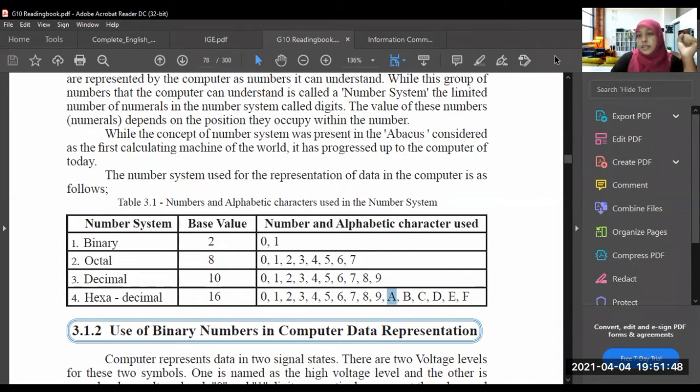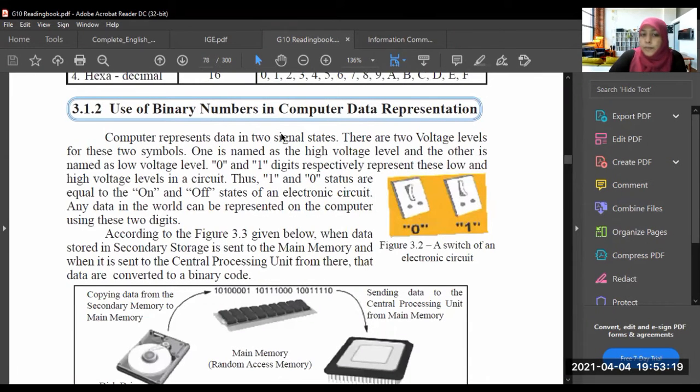Computers represent data in 2 signal states. Right? When you represent data in the computer, you represent it in 2 signal states: 1, which means on, or 0, which means off.